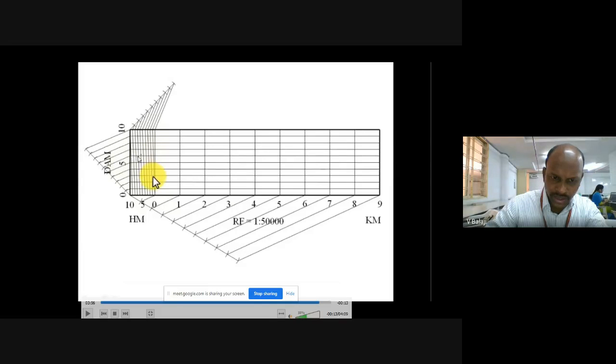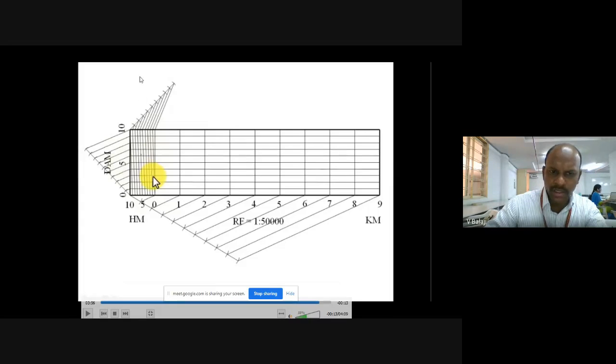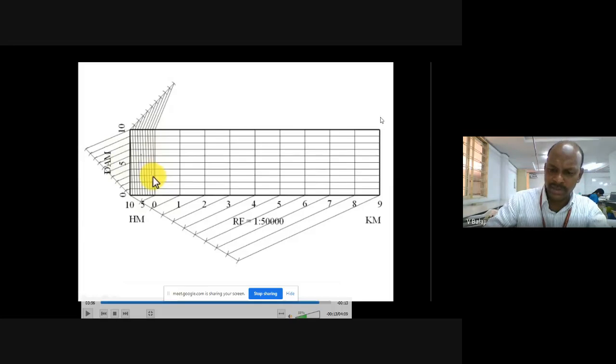You draw one horizontal line. So the 5th inclined line and the 6th horizontal line, these two will meet at this particular point somewhere here. You draw one vertical line from that point. That is the second extension line to accommodate the dimension line.